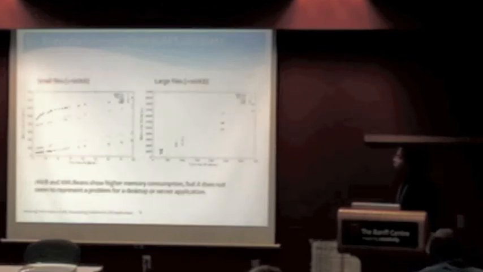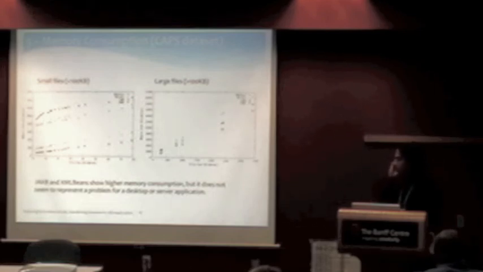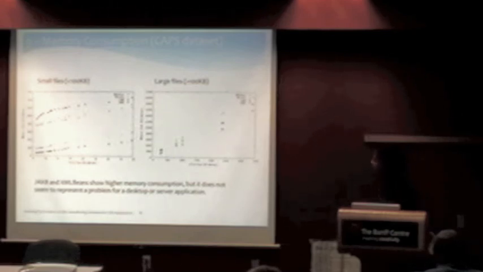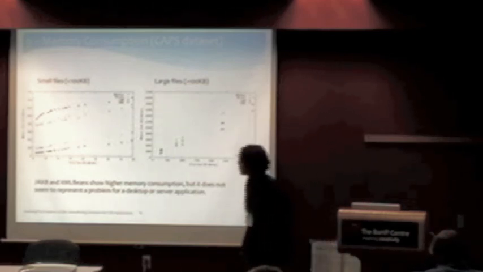We also tried to measure the memory consumption of the XML data binding tools. We couldn't do it for the mobile. We just did it for the PC, and here we can see that some tools like JAXB or XML beans show higher memory consumption, but here I think you can see the numbers.